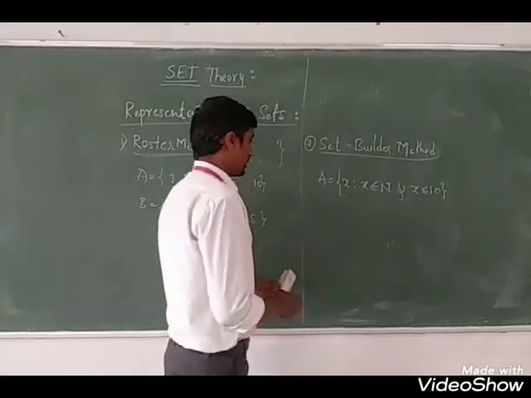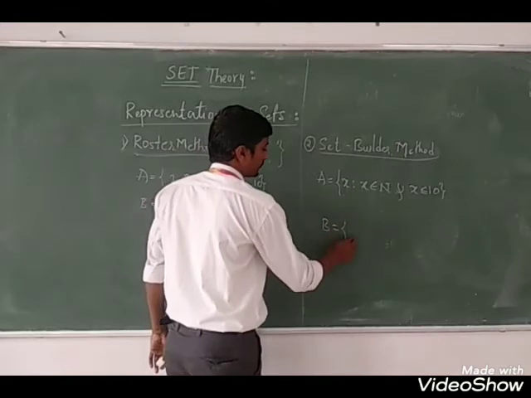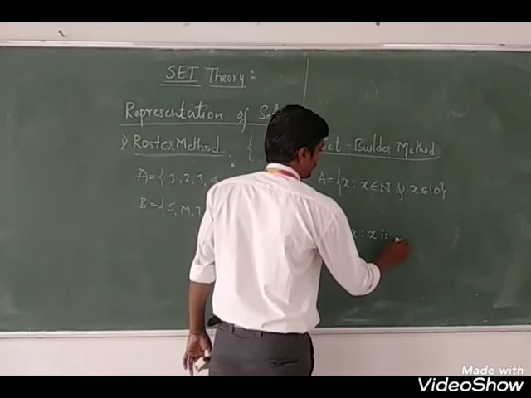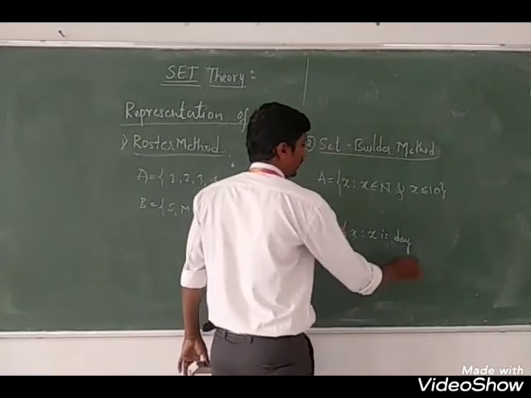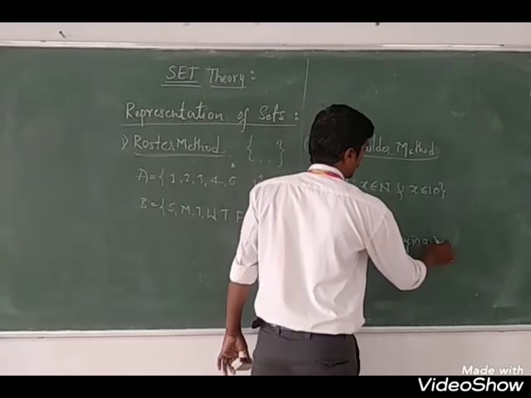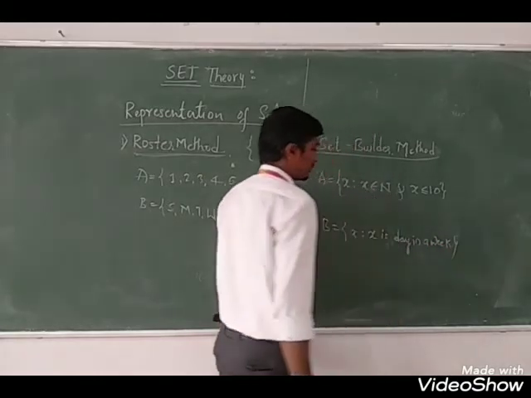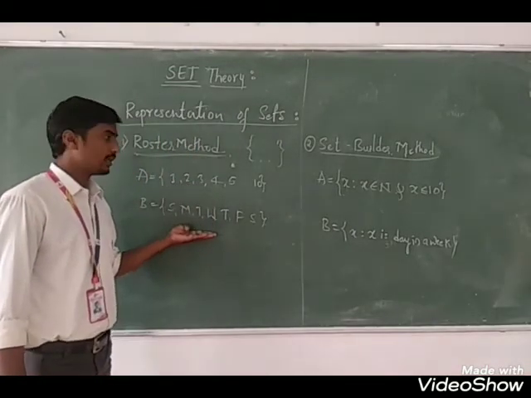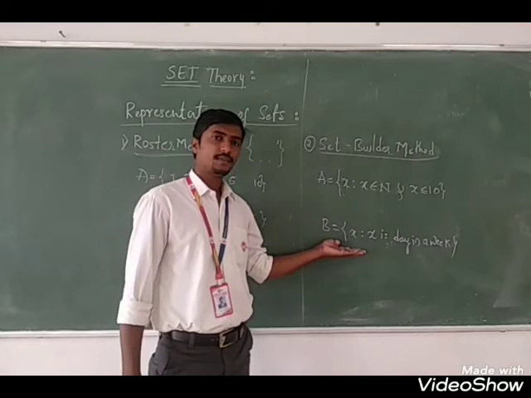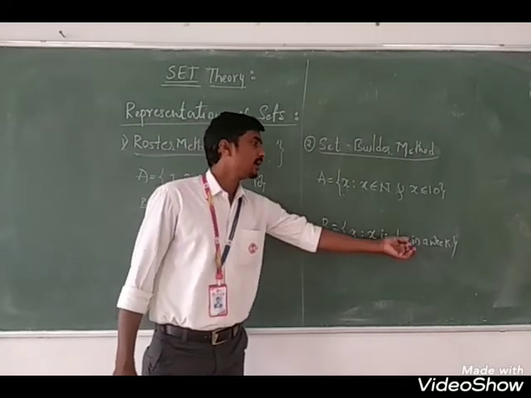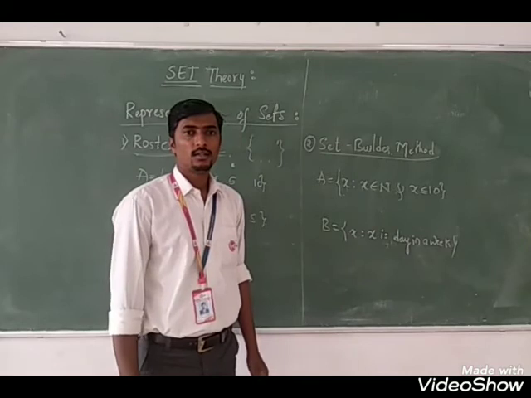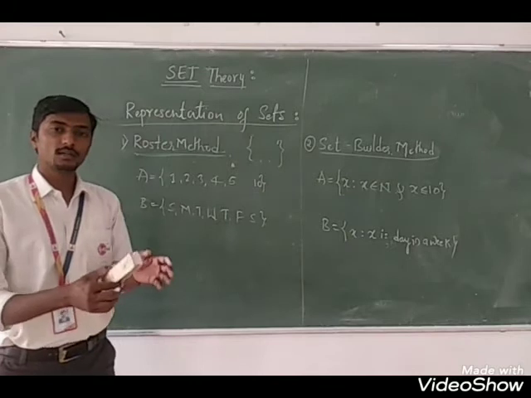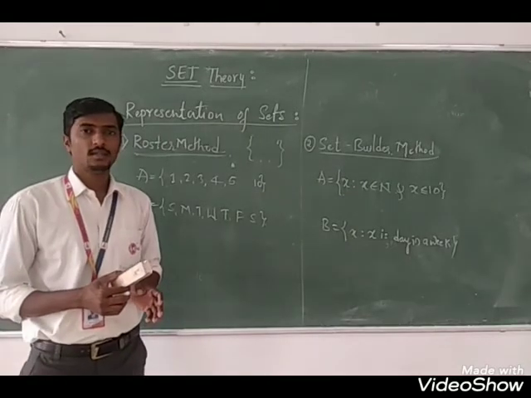Another example: x such that x is a day in a week. This set is written under some condition: x is a day in a week. These two are the algebraic representations of sets.